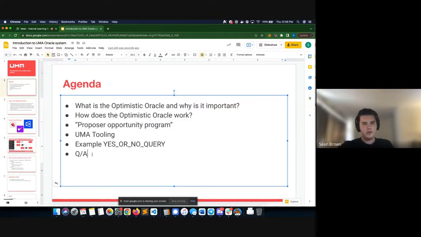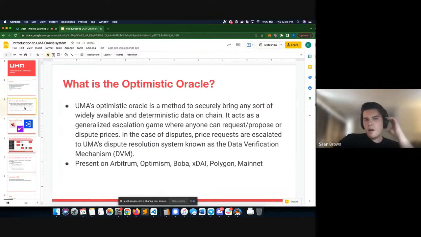And then we'll leave some discussion time at the end. So UMA's optimistic oracle is generally just a method to securely bring any piece of deterministic data on chain.